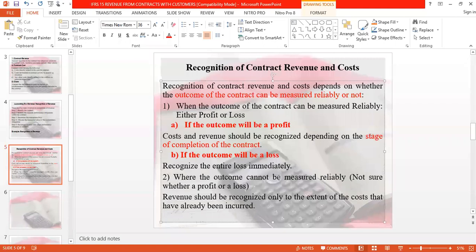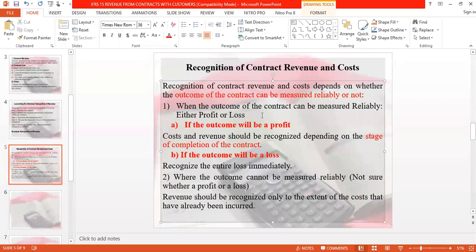So when you want to recognize revenue and cost, it depends on whether you are sure of making a profit or not. If you are sure that you will make a profit, you recognize depending on the percentage of completion. If you are sure you will make a loss, the entire loss is recognized immediately.